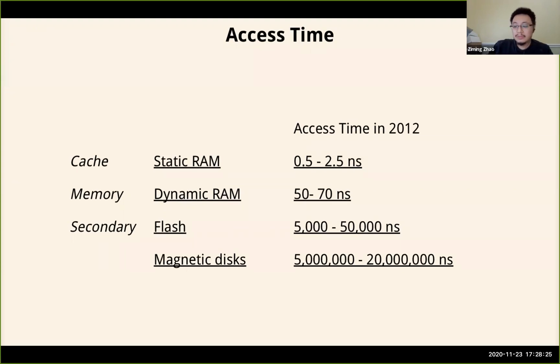If you want to move some data from memory to a register, so this is an instruction we have been saying a lot, like a move EAX to a memory location. If that really is moving data from a memory location to the register, it takes 50 to 70 nanoseconds.